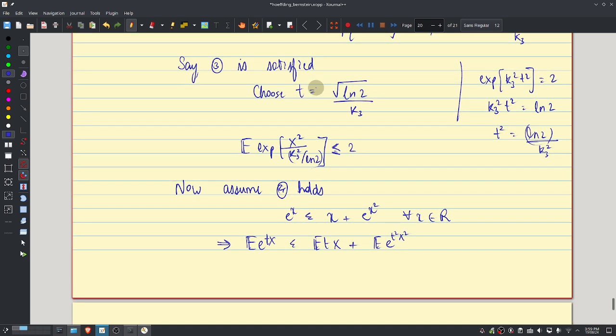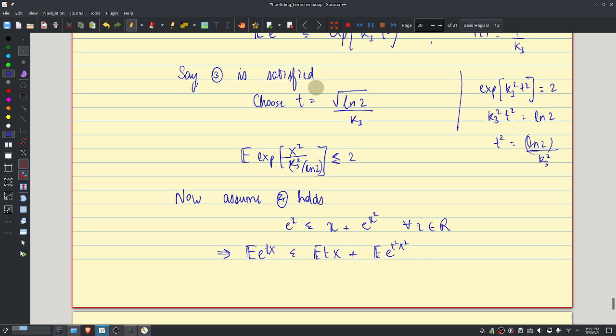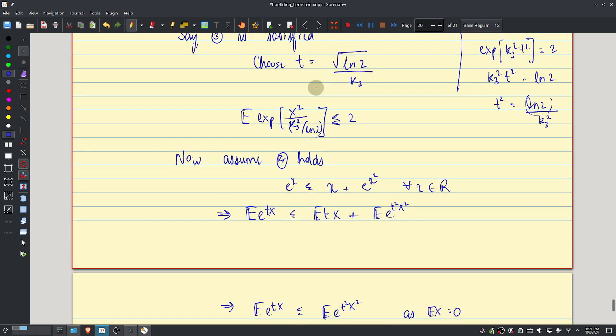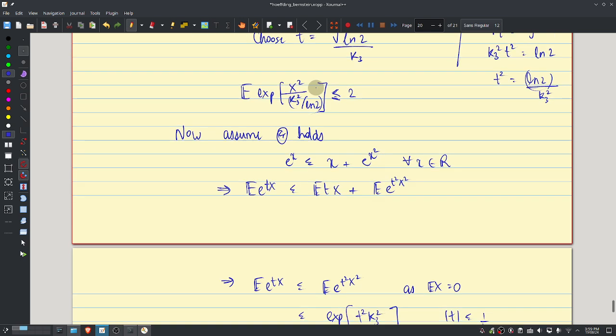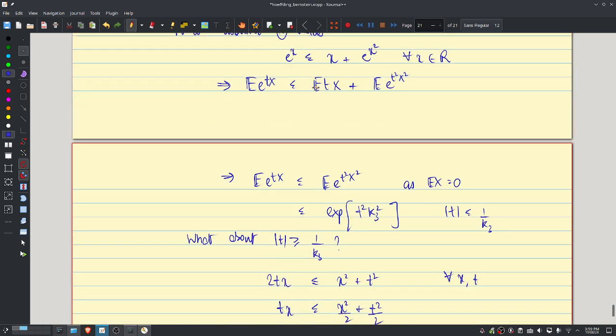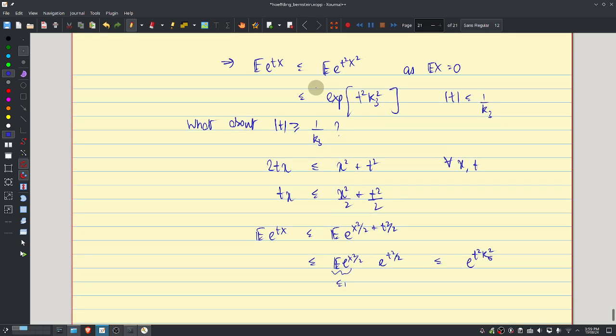That's right, correct. So maybe I'll do that in the next class because we are out of time. But you're right. What I first need to show is that 1 holds from 4. And then assuming that 1 through 4 holds, the first part also holds.